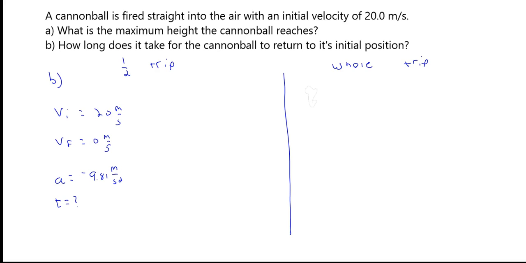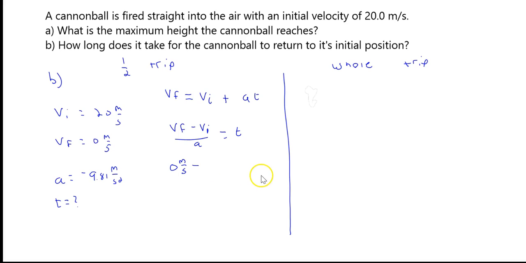So I grab my kinematic equations, and I find one that relates my final velocity to my initial velocity, acceleration, and time. I write it down. I rearrange the equation because I am interested in solving for time, and I plug in my values.